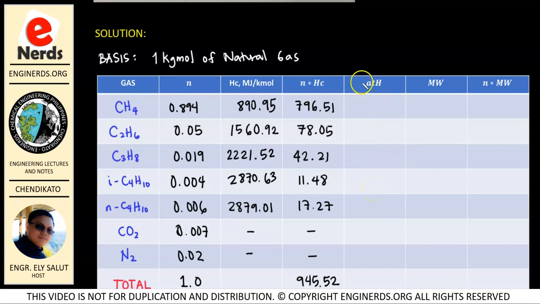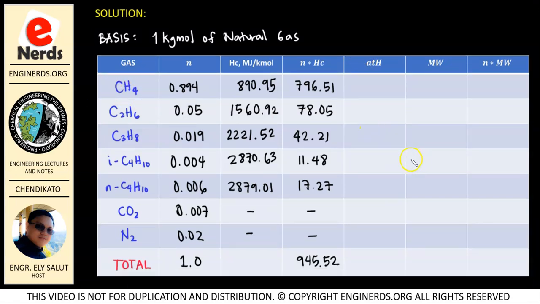Okay? So, how about this at H? It means how many hydrogen we have on every component that we have here. So, for example, in our methane, CH4, we have a number of mole of 0.894 kilogram mole, di ba? But how many moles of hydrogen we have? So as you can see, we have 4 hydrogen present here.